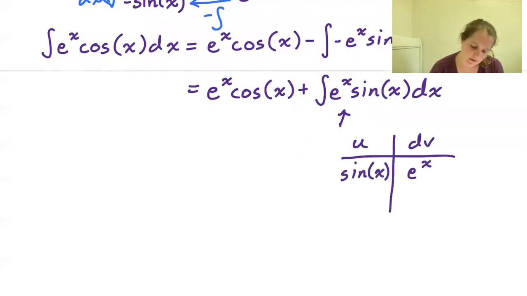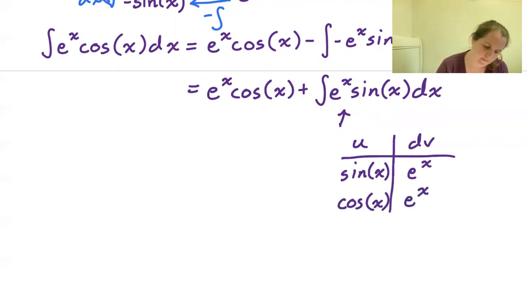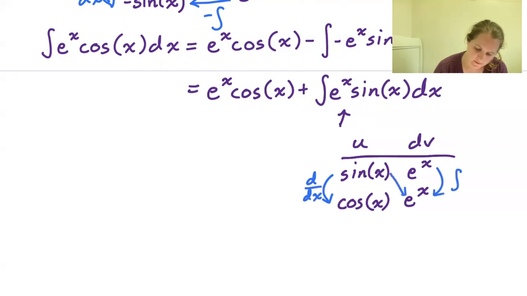Taking the derivative down the left, we are looking at cosine of x. Integrating on the right, we are looking at e to the x. And then we are going to multiply on the diagonal and subtract the integral.